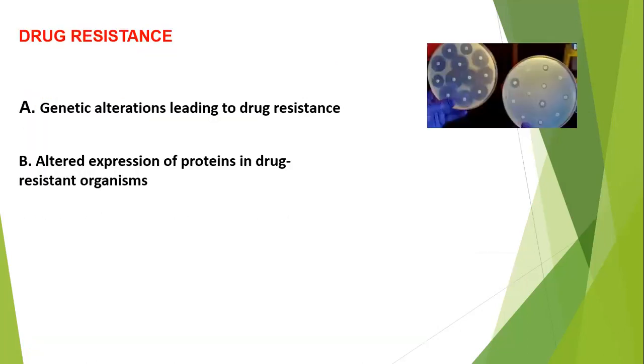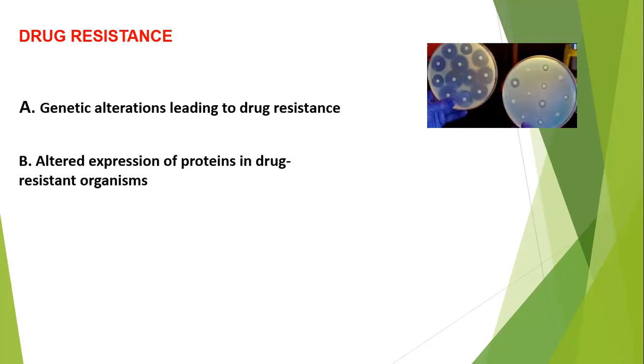Now we are talking about drug resistance. Drug resistance مقاومة الدرج اللي هو الانتيبيوتيك. ممكن بعض البكتيريا المايكروorganism agent can resist this drug. How? In which mechanism? Actually, it is by two ways, and each way is subdivided into another.